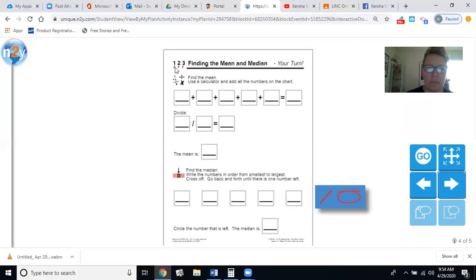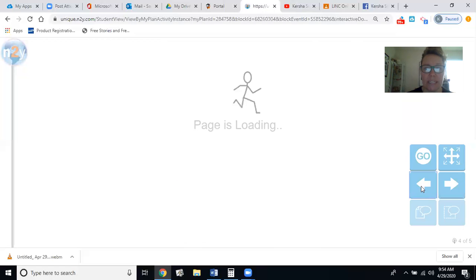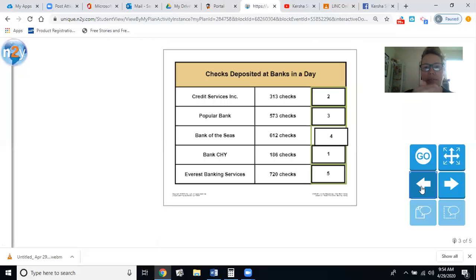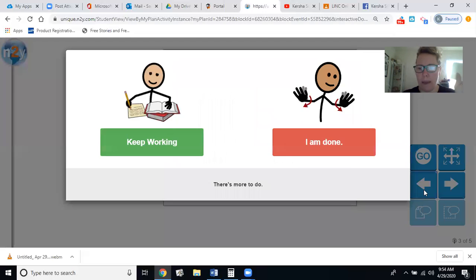And this exercise is piggybacking off of this one that you just completed. So you're going to do exactly the same thing that we did on the very first exercise. You can take a piece of paper, sticky note, anything, and write down the amounts.